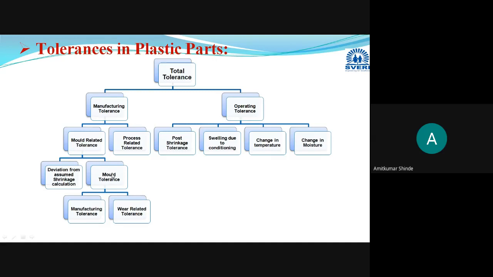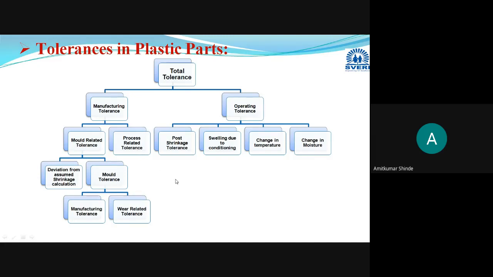Okay, so in this way these types of tolerances will be there, or you have to consider before providing the total tolerance value. Okay, and process related tolerance, here all process parameters you have to consider.